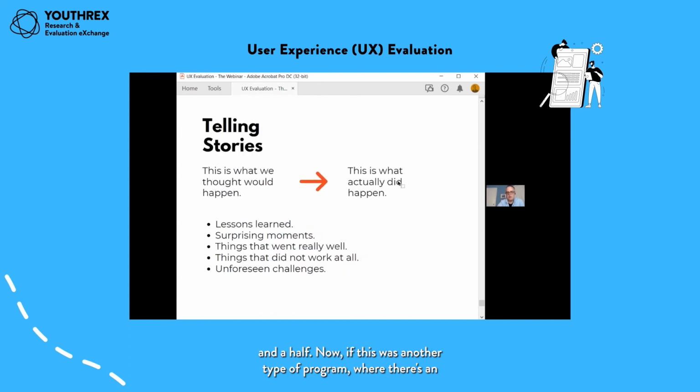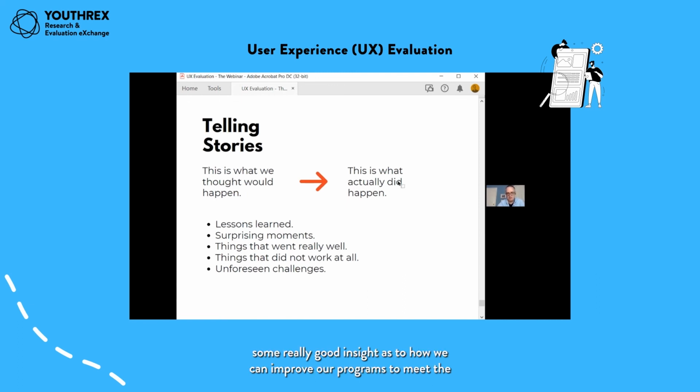Now, if this was another type of program where there's an external team or we need to get sign off to make any changes to an overall program, sometimes talking through the stories can help: what we expected to happen when we're talking about a persona, or a certain scenario, what actually did happen, and what lessons we can learn about what surprised us, what things went really well, what things didn't work at all, unforeseen challenges.